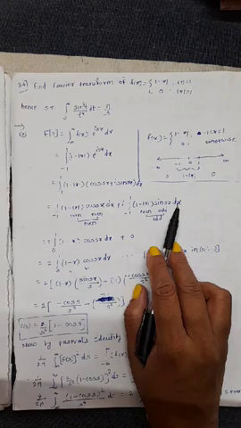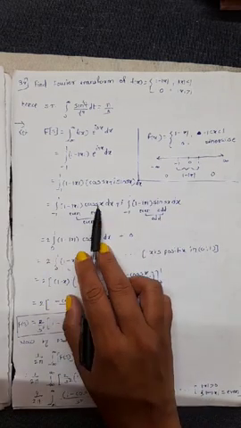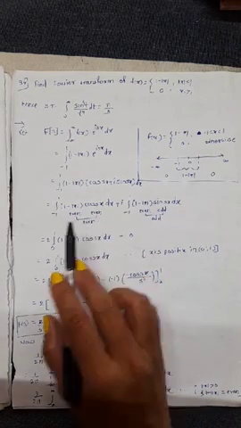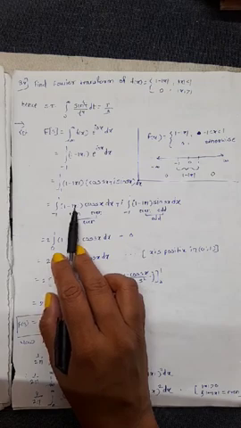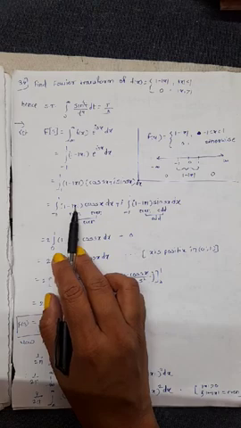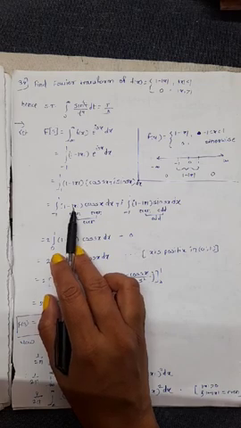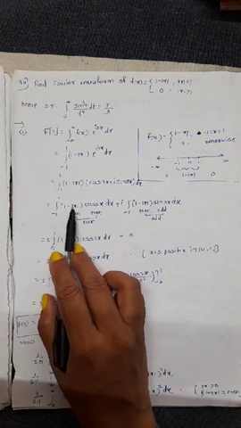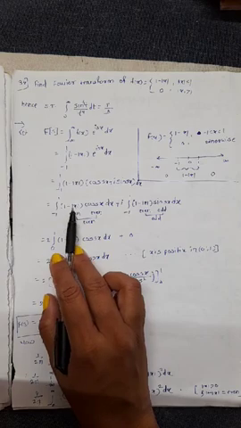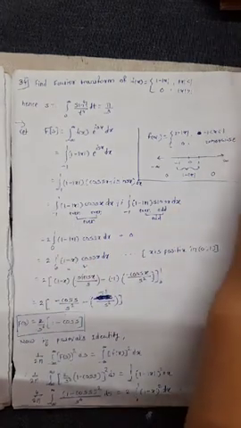Now we have to decide whether these functions are even or odd. We know mod x is an even function. If you put a minus sign inside, mod of minus x becomes plus mod x. That's why this is an even function.